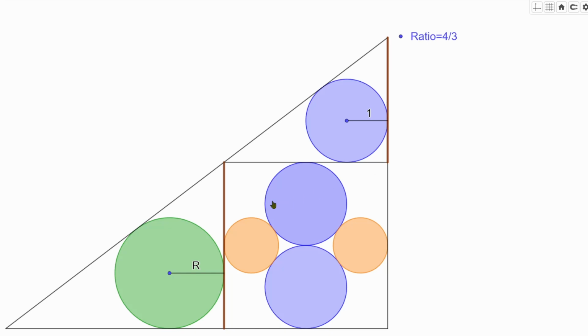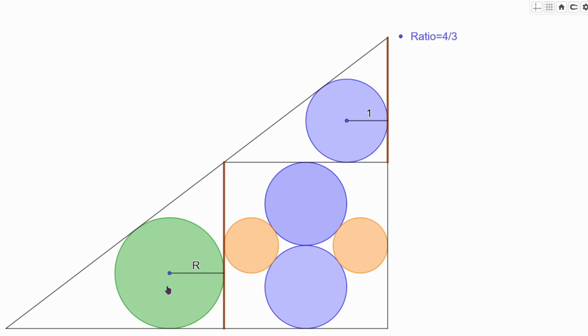But this means that the ratio of this height divided by this height is also 4 by 3, because we know that this side length is also equal to 4 because it's also one of the sides of this square. So we get that the ratio of corresponding sides in these two similar shapes is always going to be 4 by 3 when comparing the larger to the smaller one.